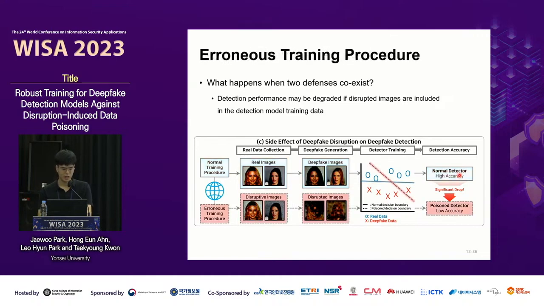However, if you see the red color flow in the figure at the bottom side, which is an erroneous training procedure, a disruptive image will be used to generate disrupted images. And the deepfake detection model trained on the disrupted images will show bad decision boundaries, as you can see in the picture. This caused the detection rate to drop.